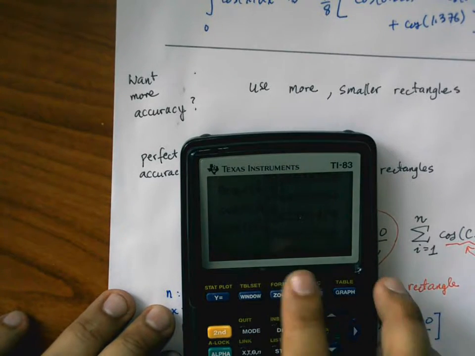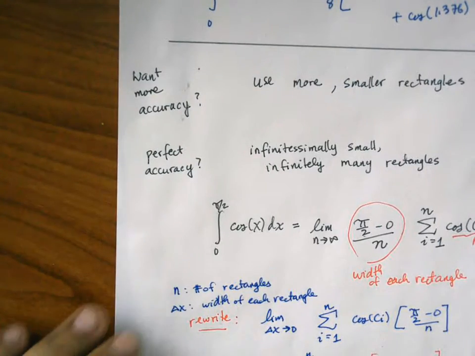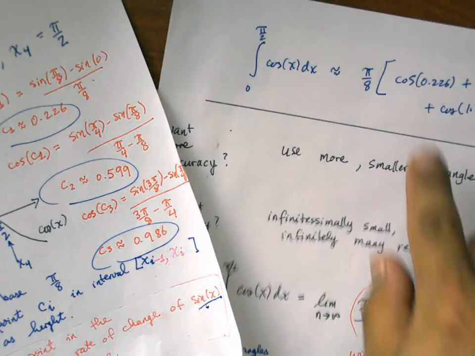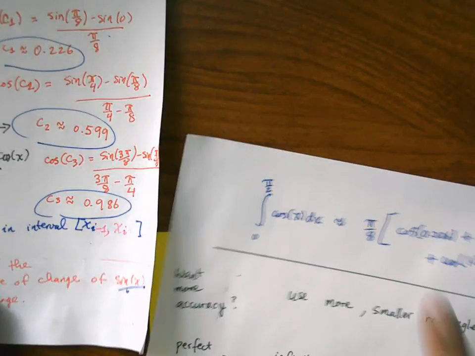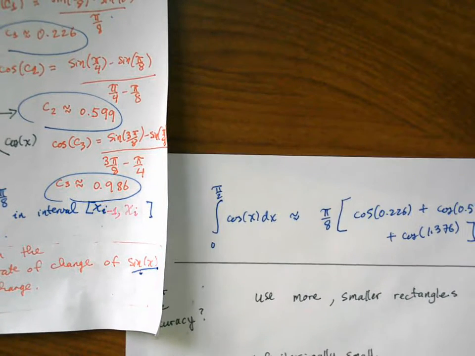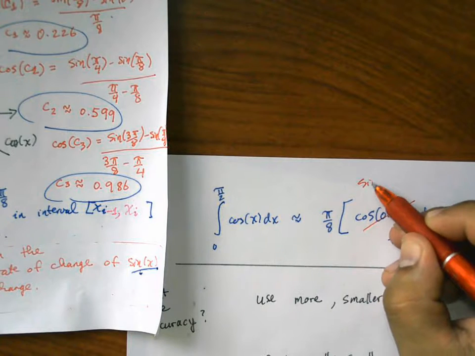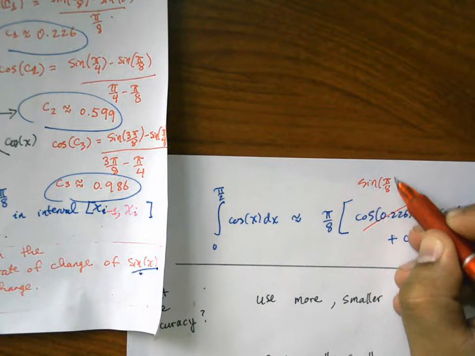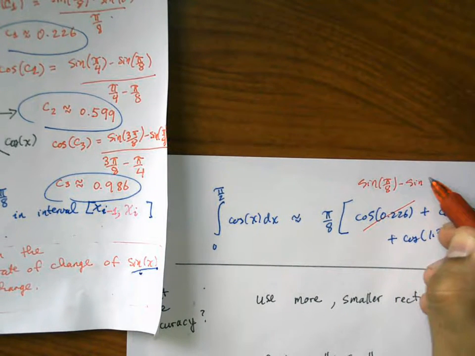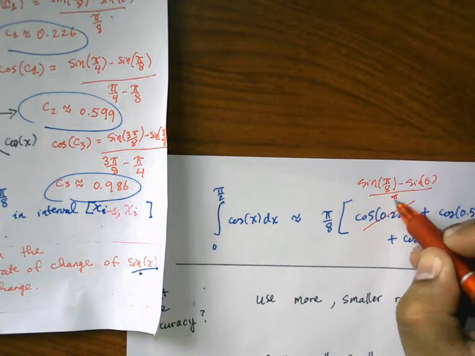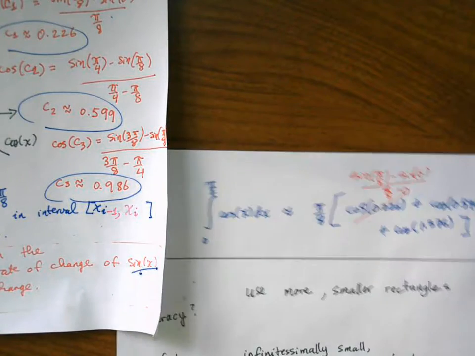All we did was take the 0.226 and plug it right back into the cosine function. So that tells us that rather than doing cosine of 0.226, what we could have just done was replace this thing with sine of pi over 8 minus sine of 0 divided by pi over 8 minus 0.